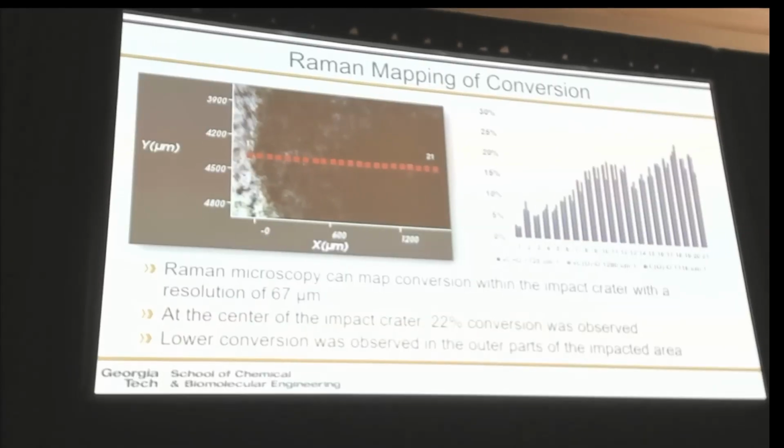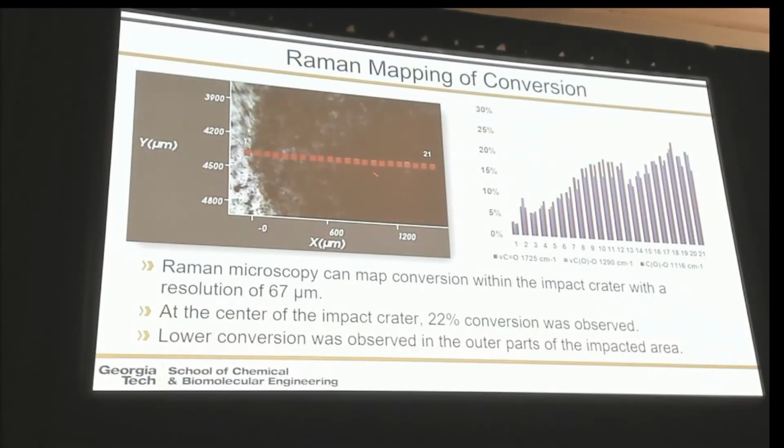We see that we go from about 3 to 4% conversion right here at the edge of the crater to about 25% conversion in the center. So we're looking forward to understanding this in a lot more detail.